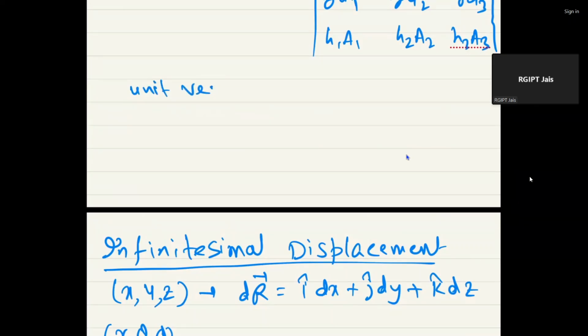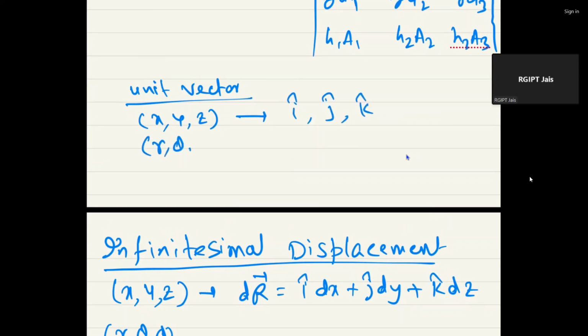Unit vectors: in the x, y, z system, your unit vectors are i cap, j cap, and k cap. In the spherical polar coordinate system, these unit vectors are e r cap, e theta cap, e phi cap. In my notes, you will see that sometimes I wrote these as r cap, theta cap, phi cap.